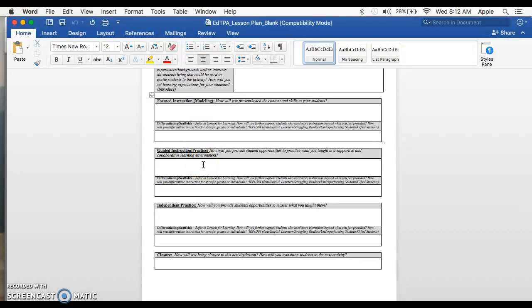In math, that will mean actually working out some problems with one equation or two equations. And then you have to see how you're going to differentiate learning and do scaffolds for students like English learners, students with IEPs, underperforming students, struggling readers, and gifted students.